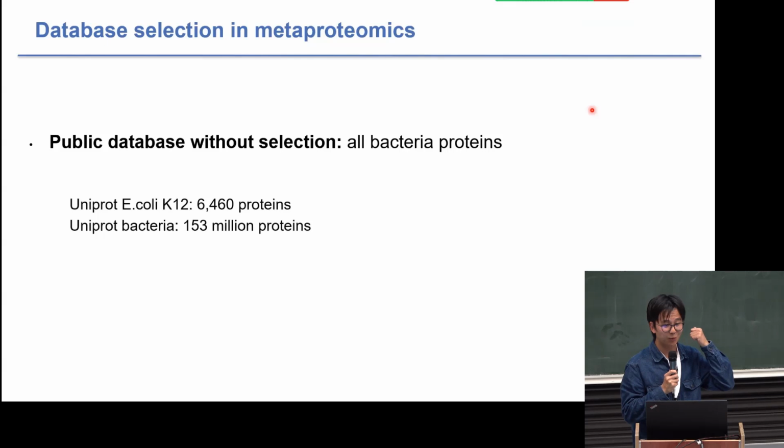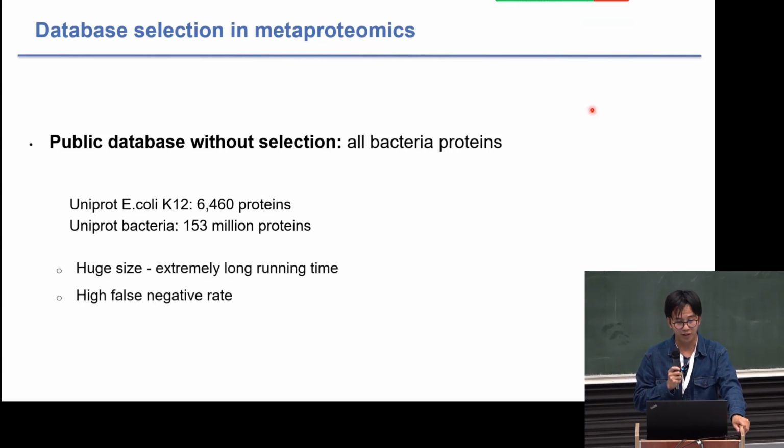For example, I checked this number yesterday: for E. coli K12, in UniProt you can find 6,000 proteins, but if you use the keyword bacteria, you get 153 million proteins, which means you will have an extremely long running time. At the same time, you will have a super high false positive rate, which will finally lead to a very short list of identifications. I will quickly show you an example of how it looks.